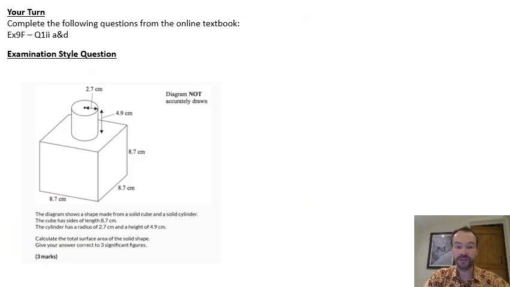So there's one question to do from the textbook, 9F. Oh no, 2 questions. 9F, 1 part 2 A and D, and then there's this exam question. All I'd ask you to think about is, if this is stuck together, we're looking for the areas of a rectangle on the side, a rectangle at the back, one at the bottom.